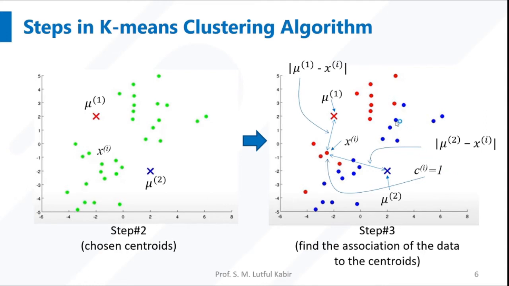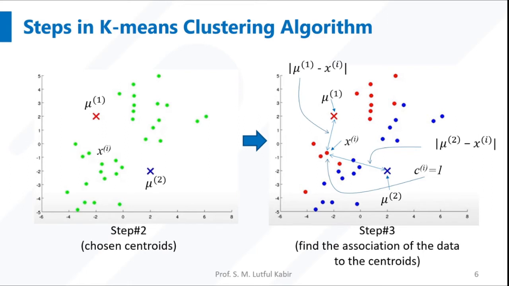For example, this point is associated with the blue centroid, so Ci is equal to 2. Ci may be C5 or C8, whatever the index of the data point is. So in this diagram, all the red points have Ci equal to 1 and all the blue points have Ci equal to 2.